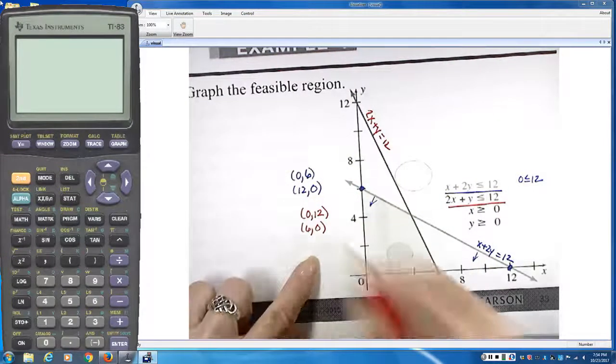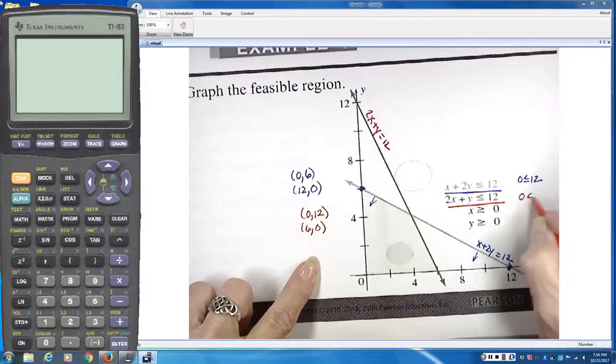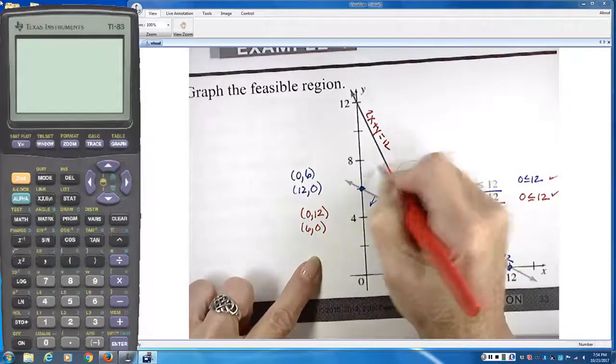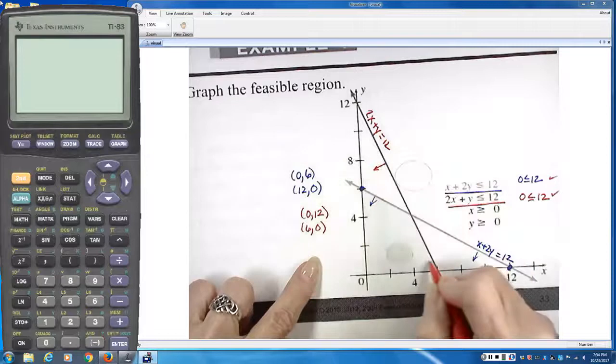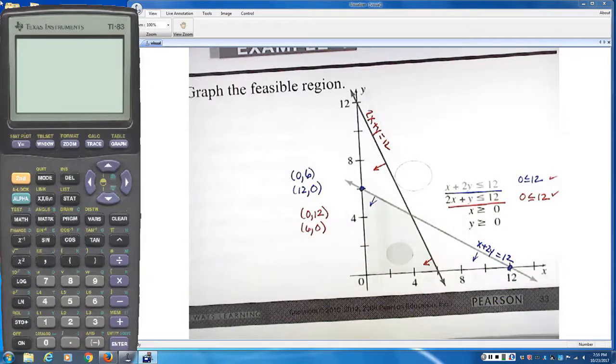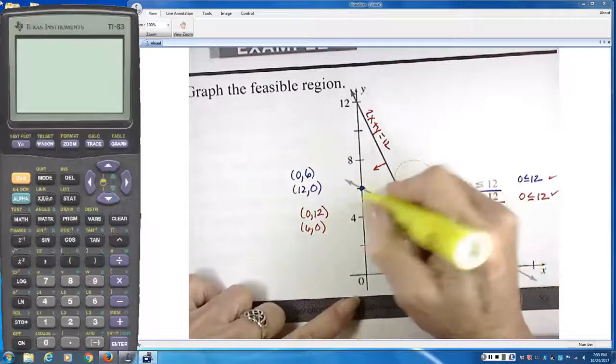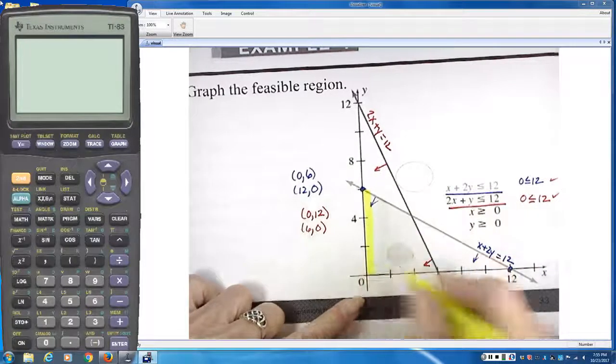And again, 0, 0, 0 is equal to or less than 12 is true on both of those. So we're going to shade towards 0, 0 on this one. So that tells us that our feasible region is a bounded feasible region.